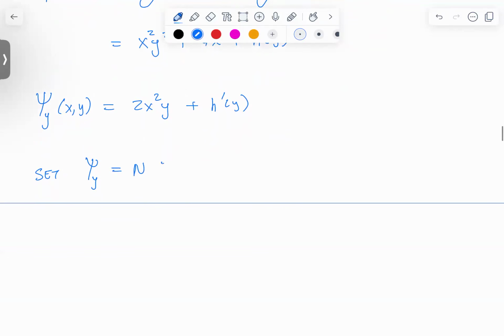Then set this equal to N, and again, these should always line up pretty closely.